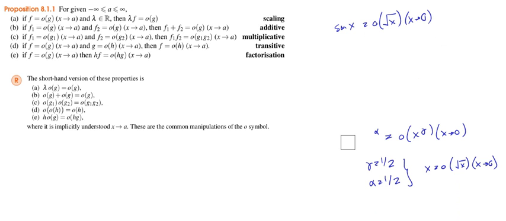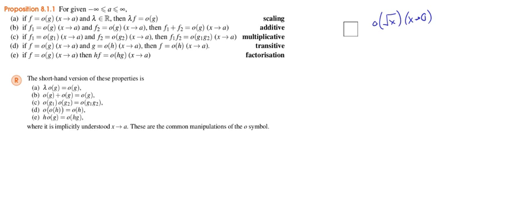Right? So if two functions f and g are asymptotically equivalent, as we have been saying before, then how to formalize this using small o is that we can say that f is equal to g plus small o of h, right? When x goes to a.